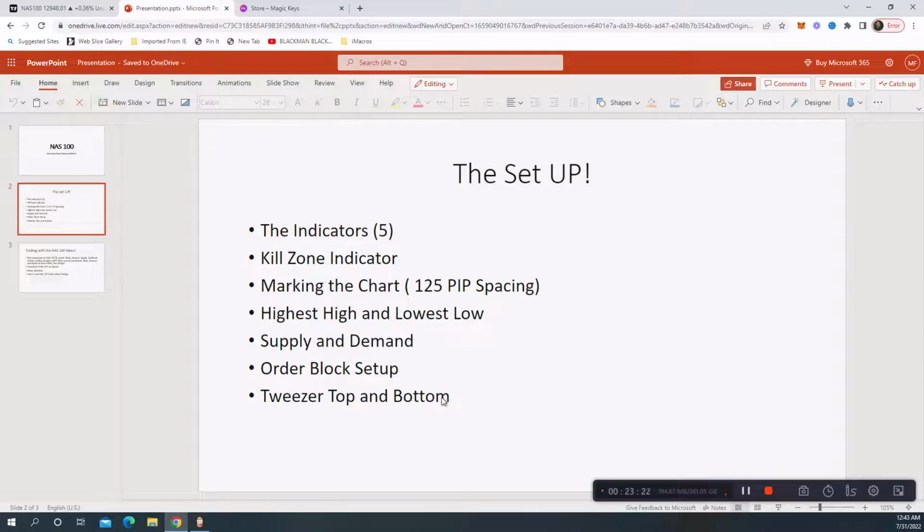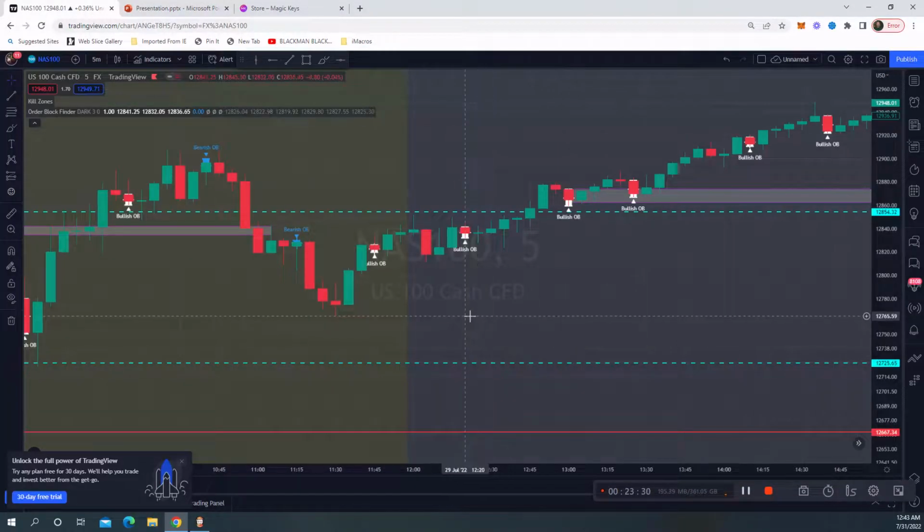This here is another candle strategy that's called tweezer tops and bottoms. The easiest way to show you a tweezer top and bottom is right here. It's usually when the candles end relatively close together.